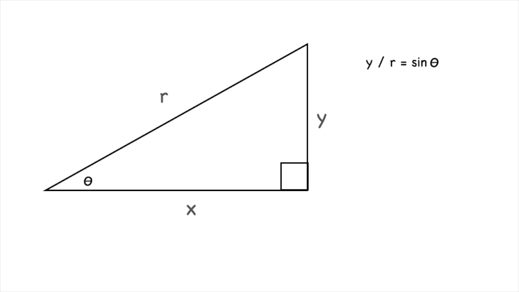So, for example, y divided by r equals the sine of theta. Therefore, y equals r sine theta. Similarly, x divided by r equals cosine theta, or x equals r times cosine theta.